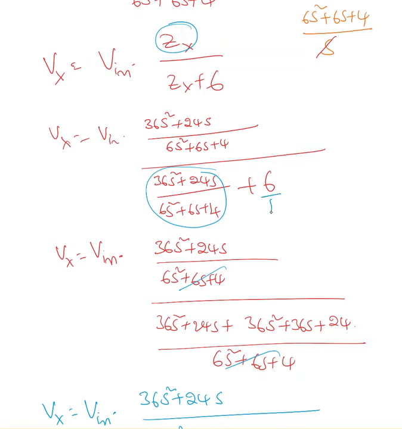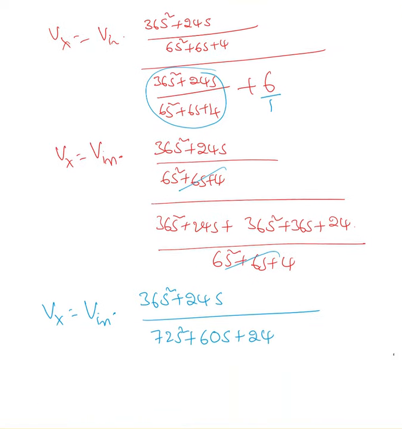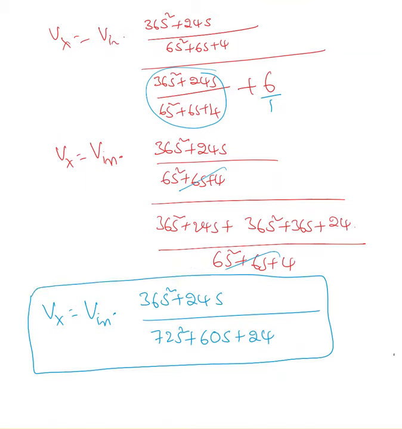Now since I'm adding plus 6, I have to do the LCM, common factor, which is 6s square plus 6s plus 4, and I found this mathematical equation. You can verify the calculations. I'm going to pause here for a second. Now Vx equals Vin times 36s square plus 24s over 72s square plus 60s plus 24.